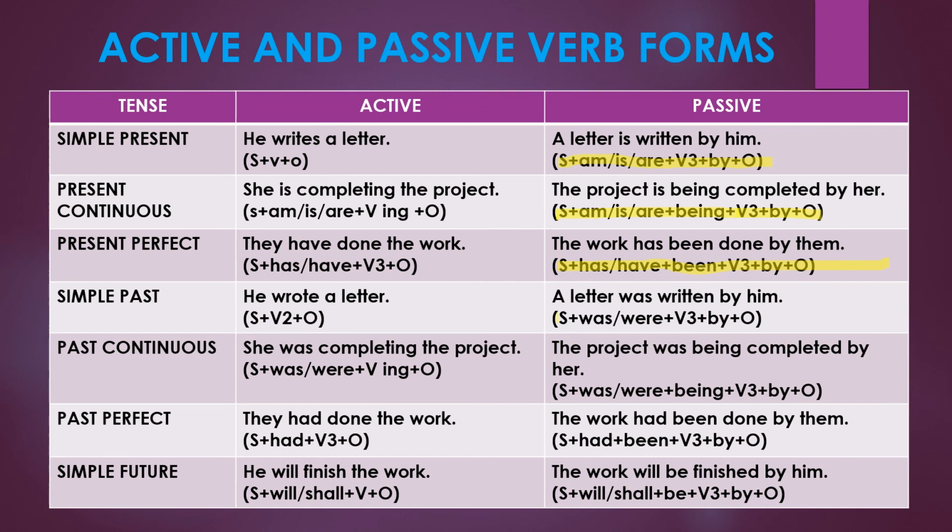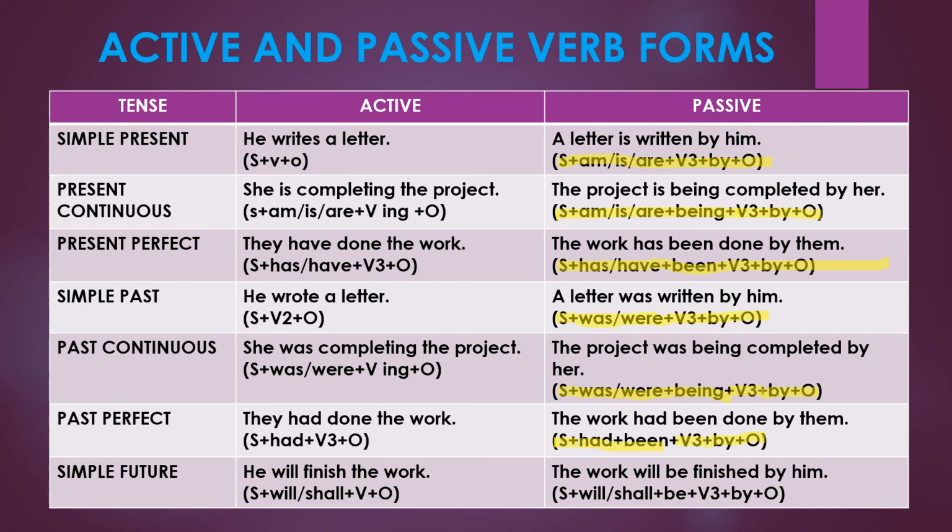For simple past, it is subject, auxiliary verb was, were, then third form of verb, by, and object. For past continuous tense: subject, was being, were being, plus third form of verb, by, and object. In past perfect tense: subject, had been, plus third form of verb, plus by, plus object.